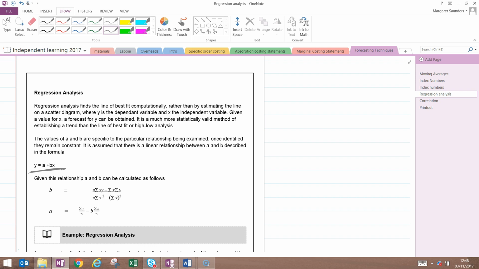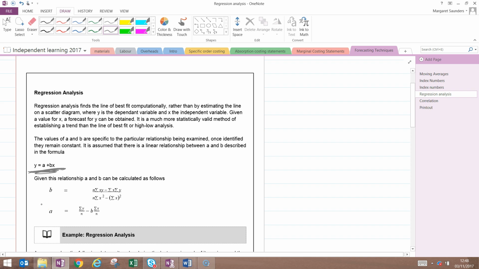Within the formula for a straight line, y equals a plus bx, the values of a and b are specific to the particular relationship being examined. Once identified, they remain constant, and it's assumed that there is a linear relationship between x and y. Hence, we have the formula y equals a plus bx.